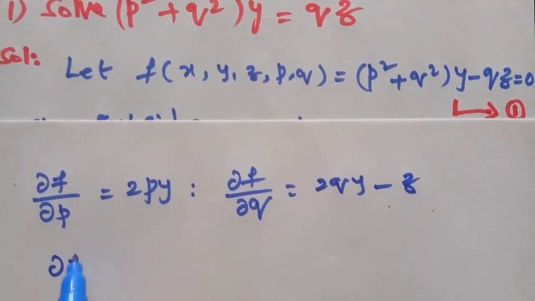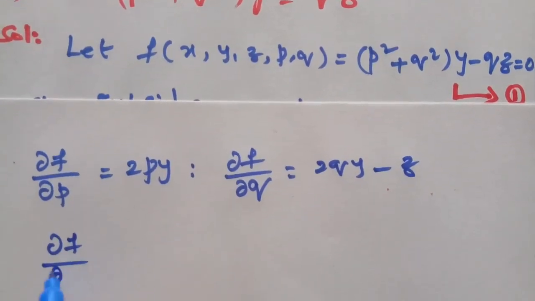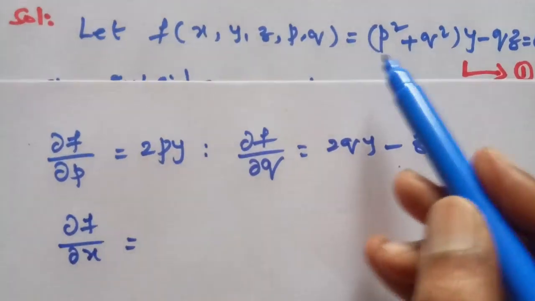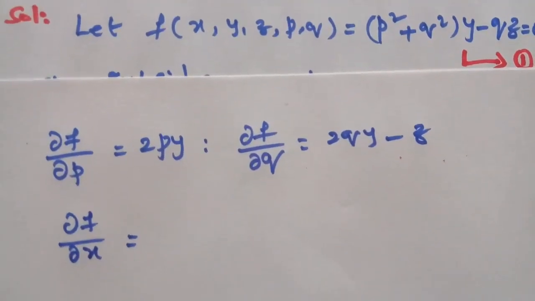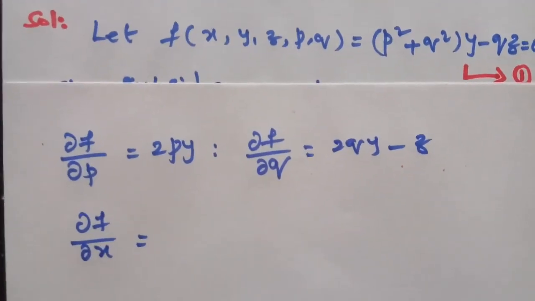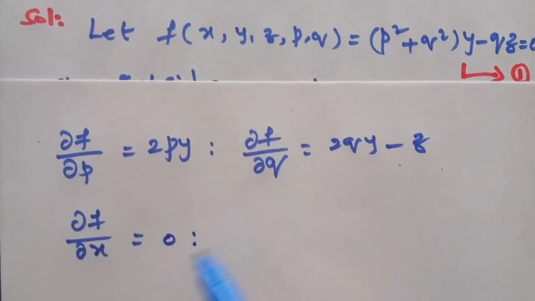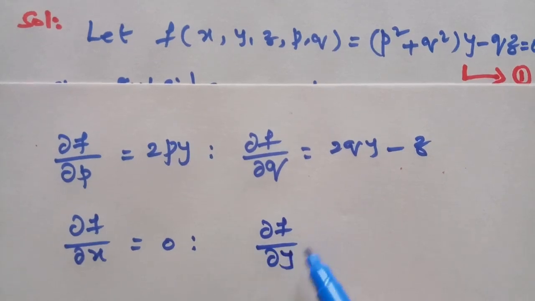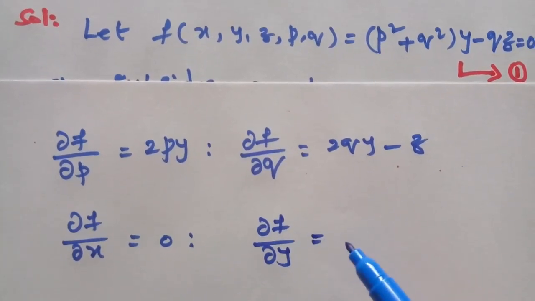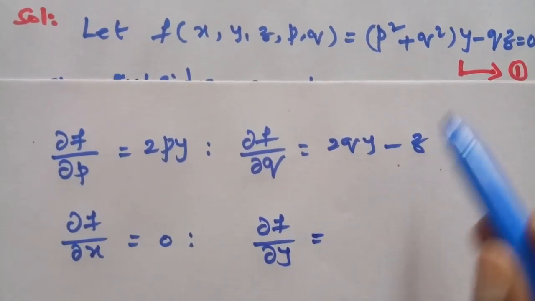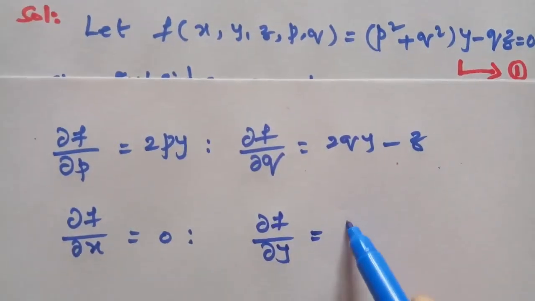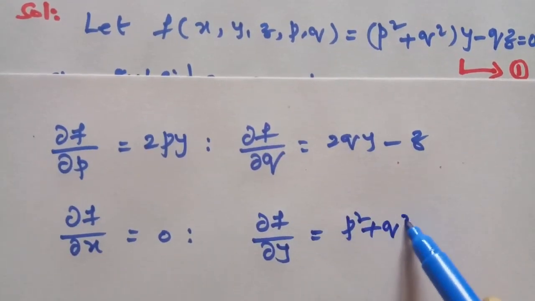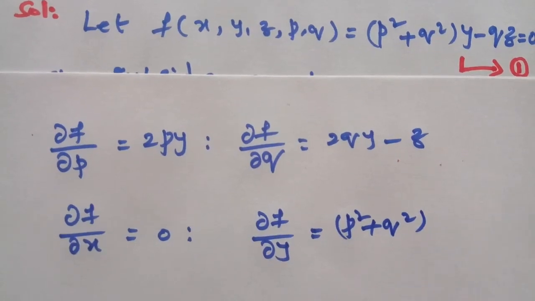Now ∂f by ∂x, partially differentiating with respect to x. There is no x here, so 0. ∂f by ∂y, partially differentiating with respect to y, keeping other variables constant: p square plus q square into the derivative of y, which is 1.